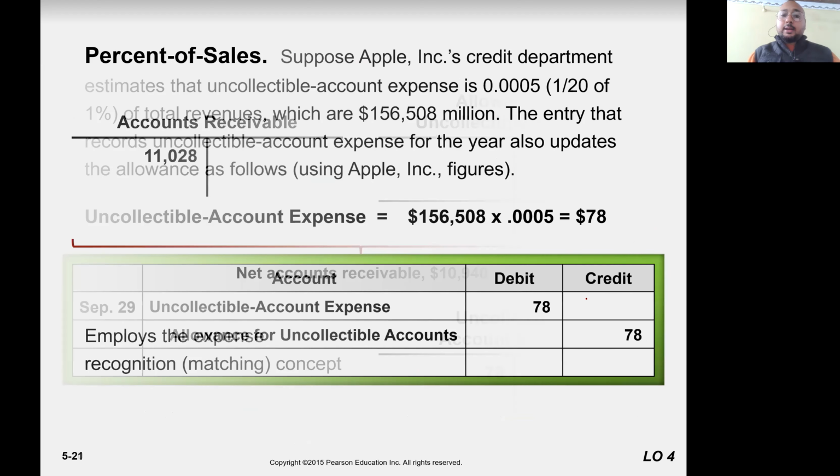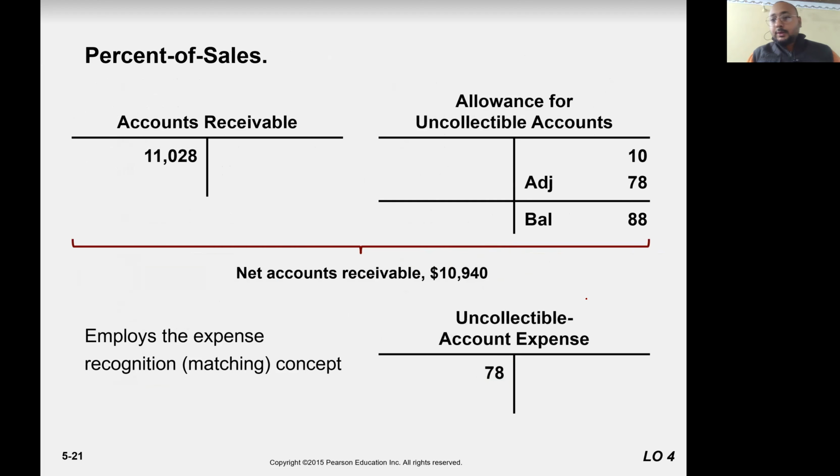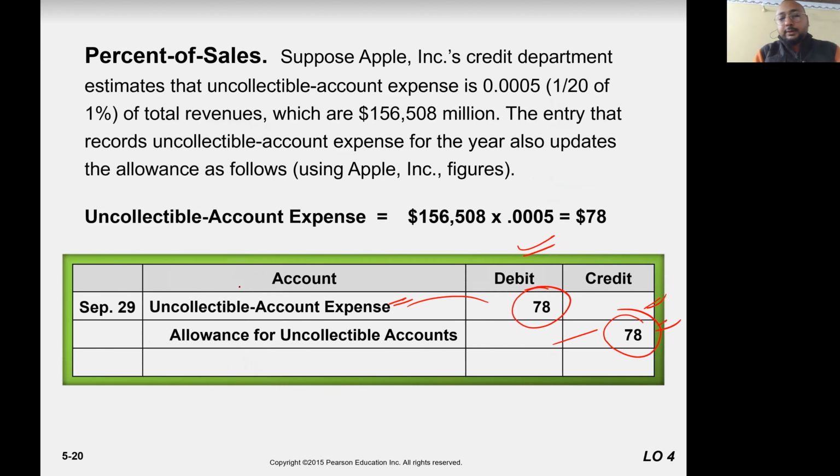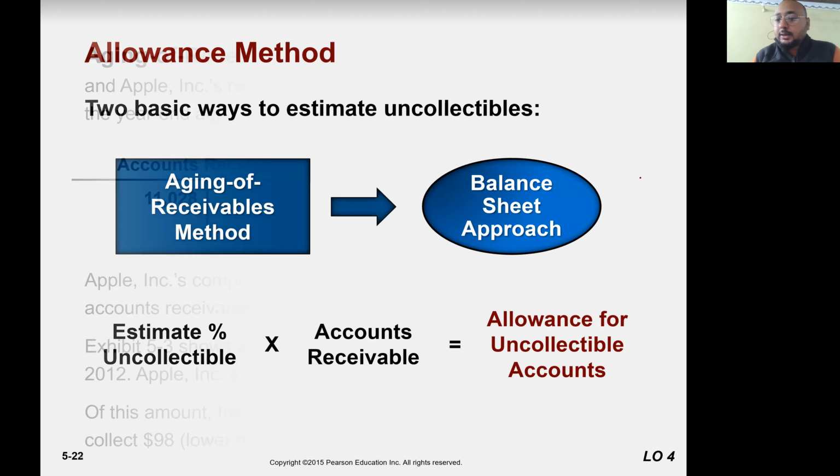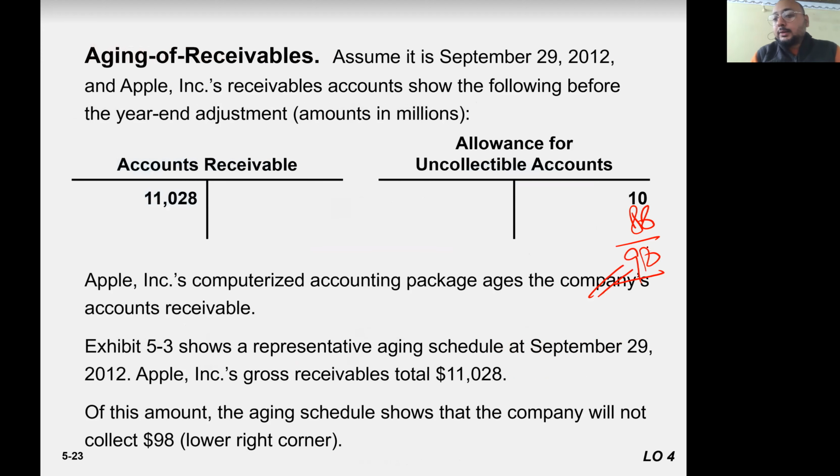If you go back here again, see, the percentage of sale method gives you the adjustment, and you make an entry of the adjustment: uncollectible expense 78 to allowance for uncollectible 78. So this 78 tells you the adjustment, but aging is going to give you the total balance.